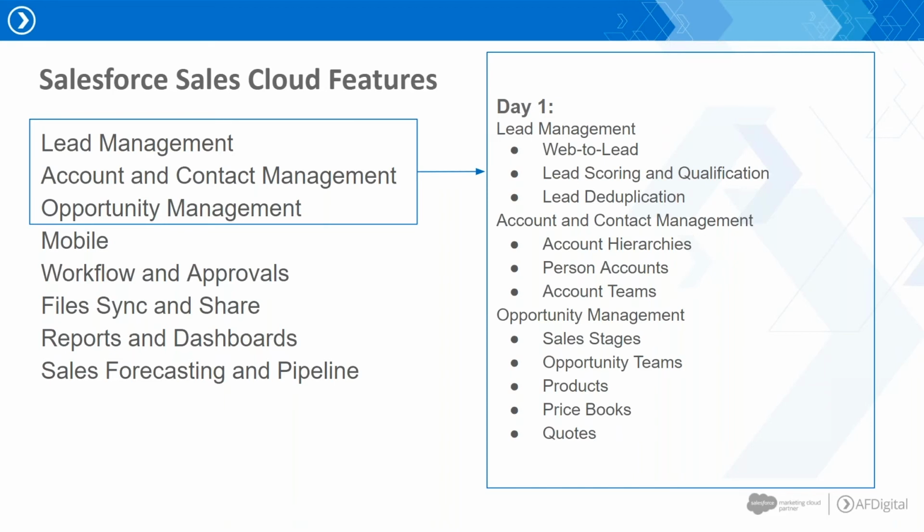Another use for contacts is that you have different contact roles. You can assign a role for each of the contacts in a particular account, which means you could identify: is this contact a decision maker? Is this contact an influencer? Or is this a user? Are they from the purchasing department?